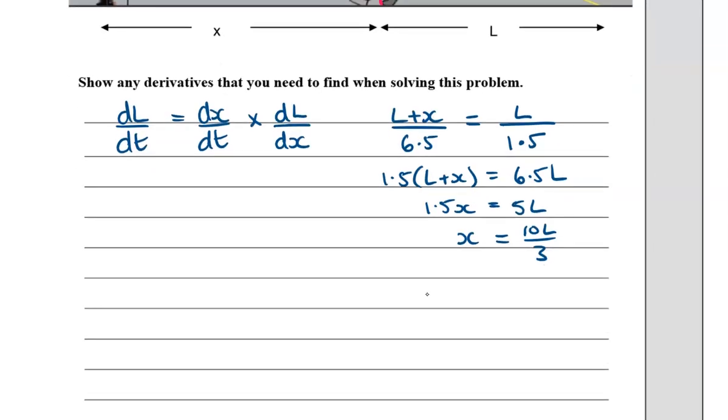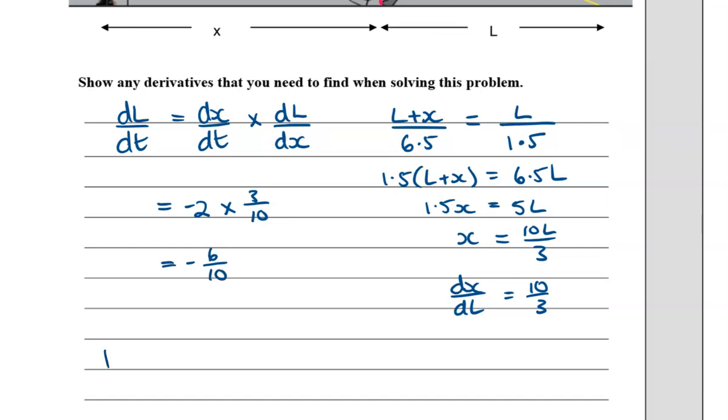So then dx by dl is equal to 10/3, and we can put that back into our left-hand side working. So dx by dt was -2. dl by dx, if we flip over that dx by dl, we can pop that in there. And we get -6/10.